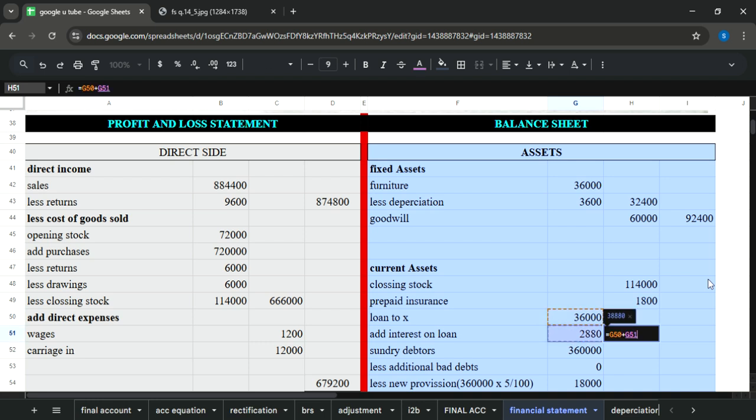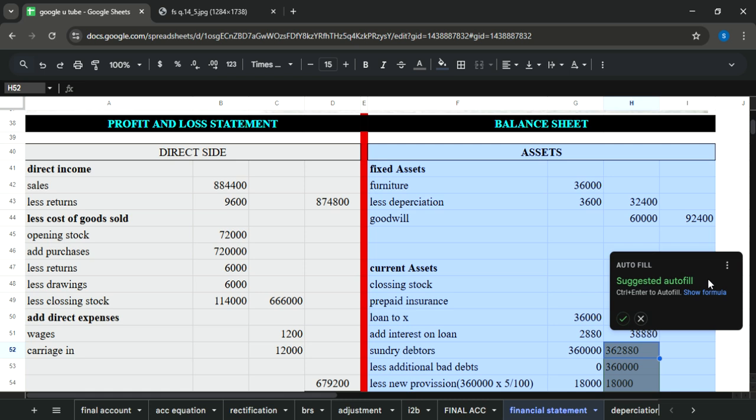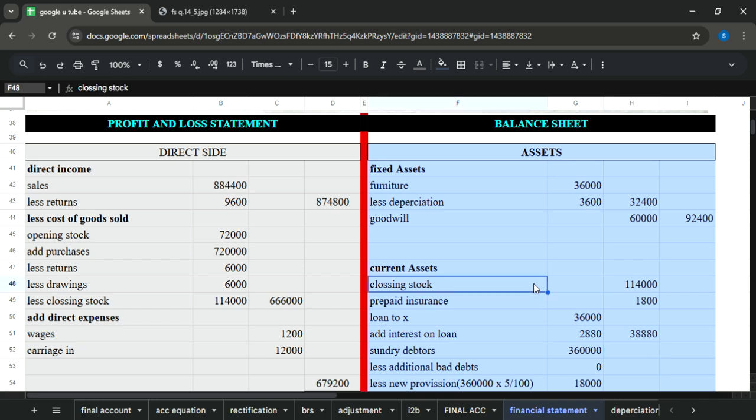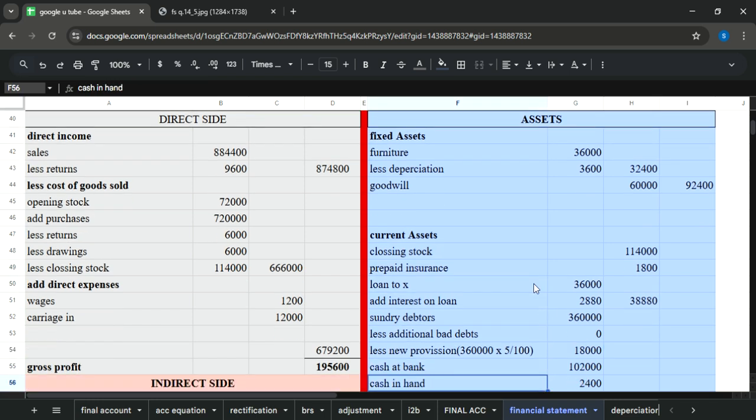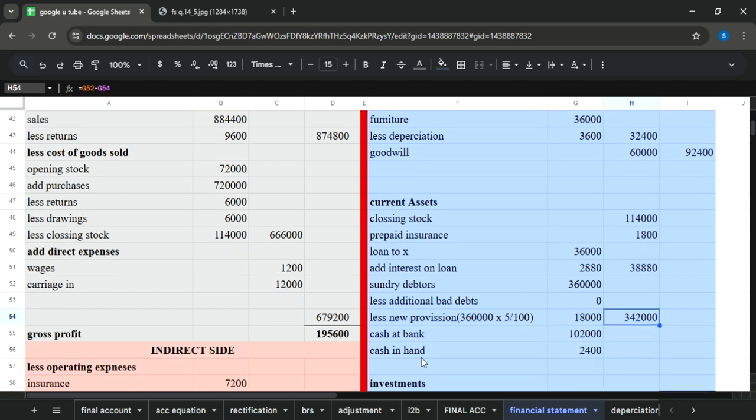This is total loan. All right, and the next part we will see over here. Total amount of debtors was 3,60,000. You were supposed to subtract additional bad debts, which were not present, and now only provision would be subtracted, minus 18,000. So our debtors final amount is also calculated.